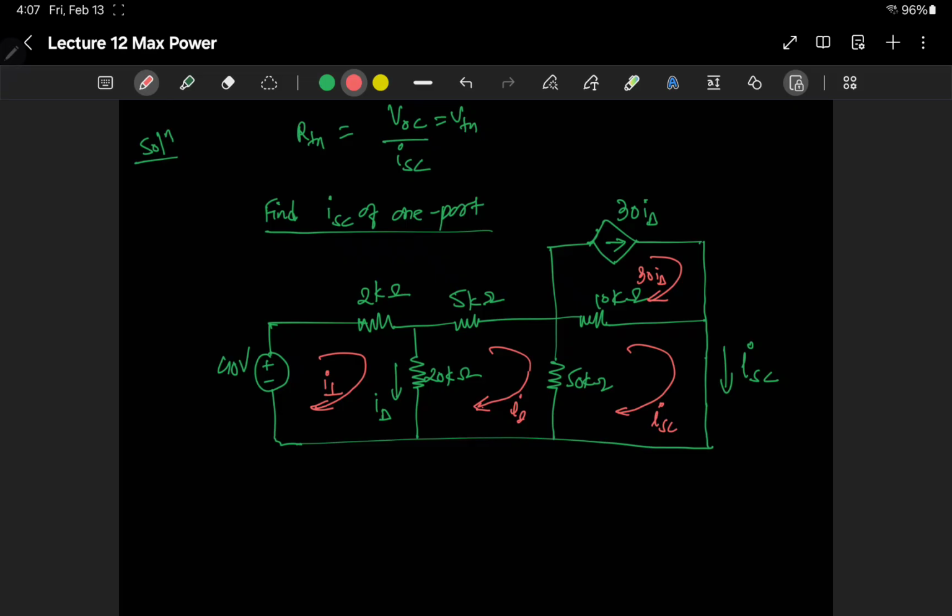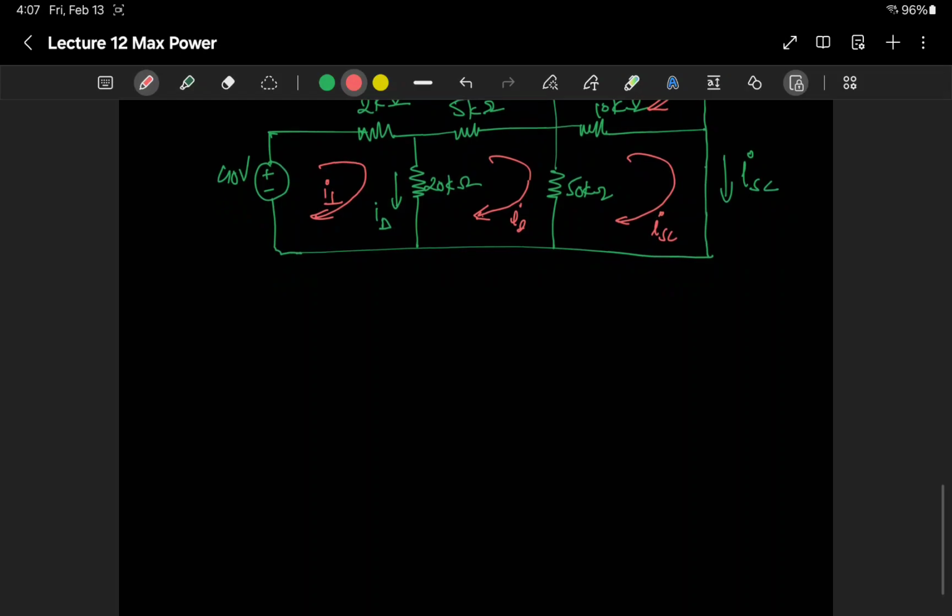We don't need to determine the voltage across this location, so we can skip this part because we'll have three equations and three unknowns, I1, I2, and ISC, and basically I delta is I1 minus I2, so we don't need the fourth one either. So we'll apply KVL to solve this problem.